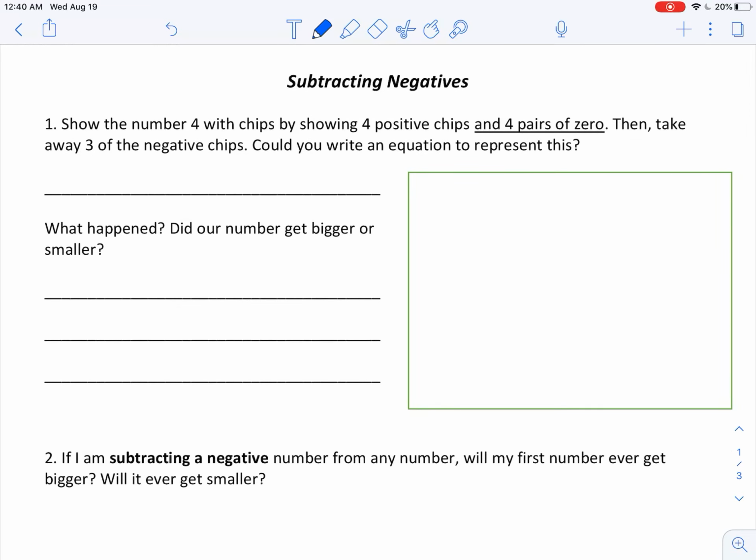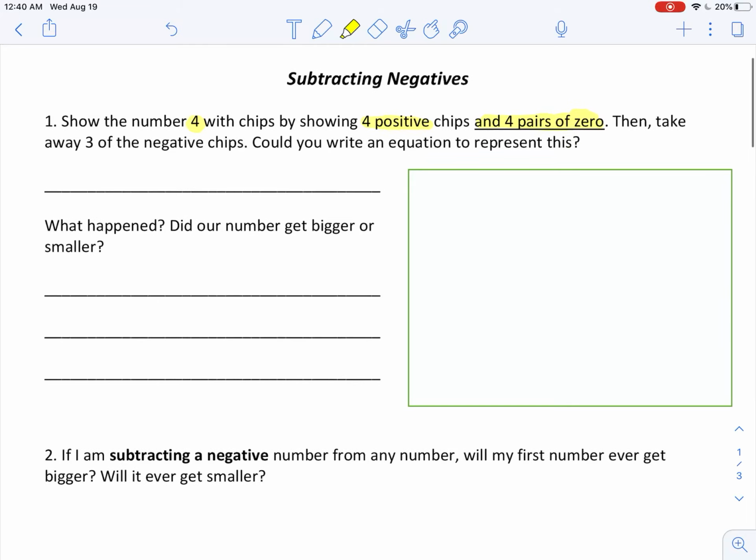Okay. So we're going to show the number 4. We're going to show it with chips. I'm just going to use the pluses and minuses by showing 4 positives and 4 pairs of 0.